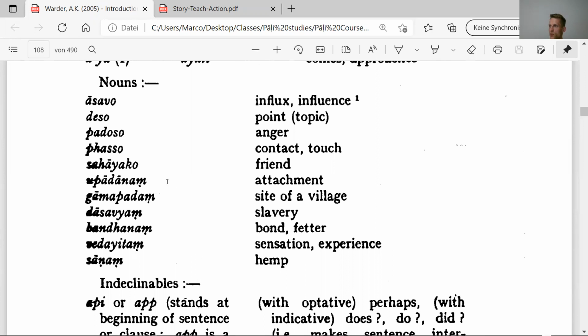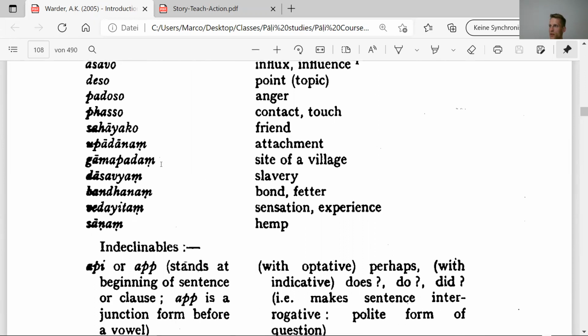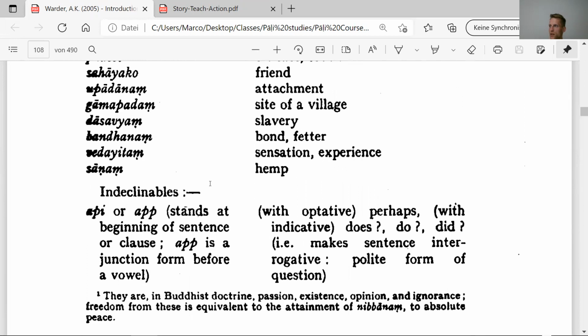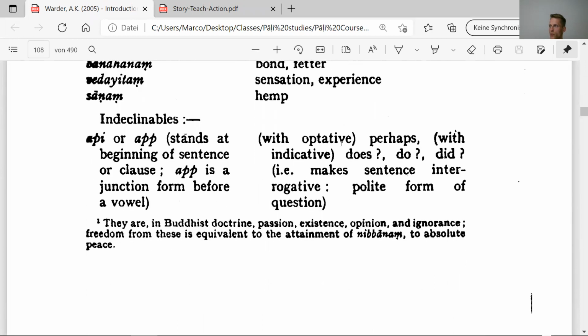Sahayako, friend. Upadanam, attachment. Gamapadam, side of a village. Dasavyam, slavery. Bandhanam, bond, fetter. Vedayitam, sensation, experience. Sanam, hemp.